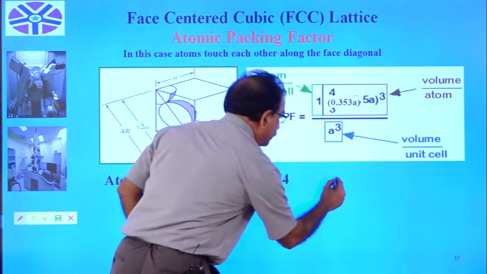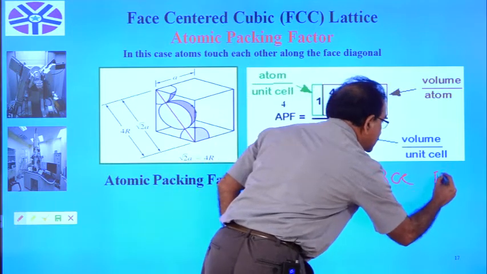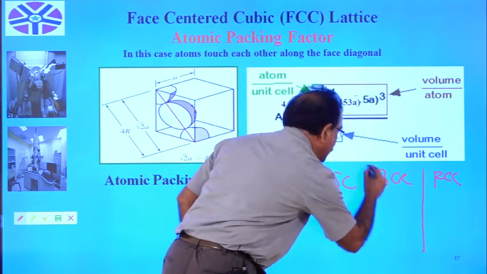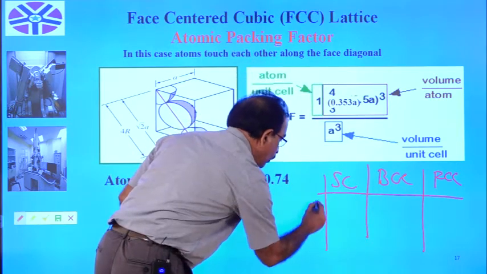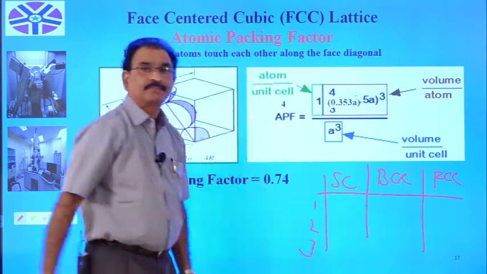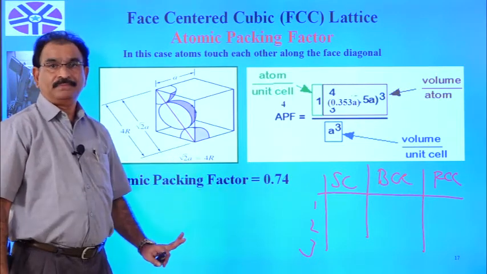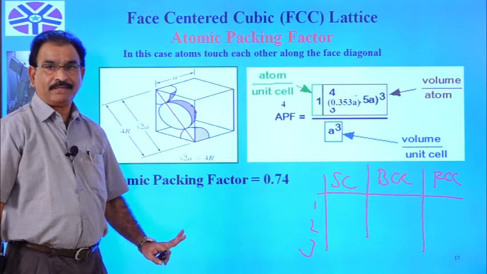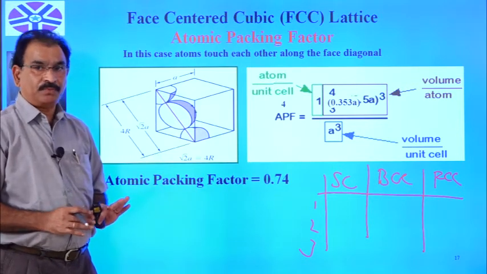You prepare a table like this: simple cube, BCC, FCC, and explain characters 1, 2, 3. I expect you to fill that table. A small homework I am giving. So, this is about the face center cube.